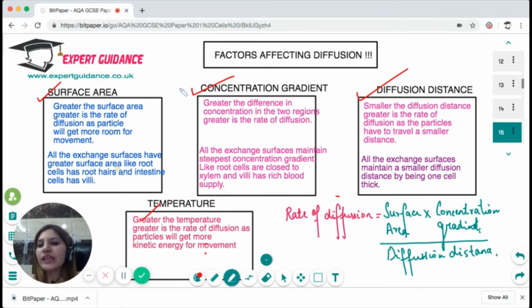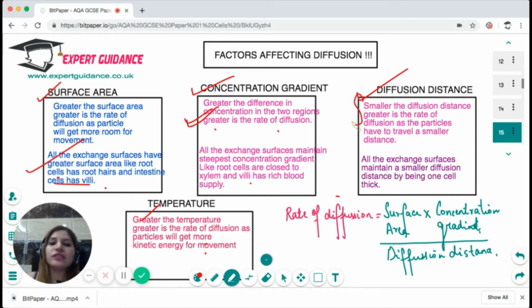So all the exchange surfaces have a greater surface area, like root cells have root hairs and the intestine has villi. The greater the concentration gradient between the two regions, the greater the rate of diffusion. So all the exchange surfaces maintain the steepest concentration gradient. How? The root cells are close to the xylem and villi have a rich blood supply that maintains the concentration gradient.